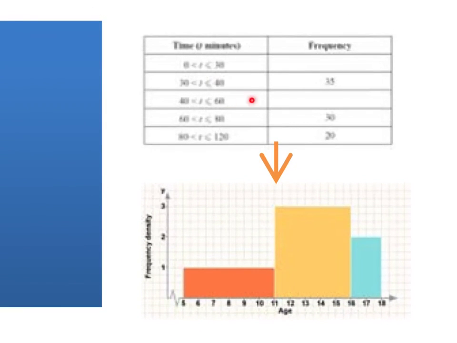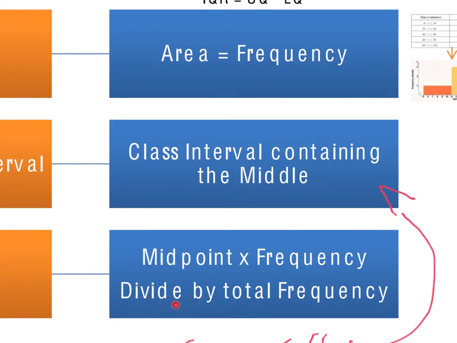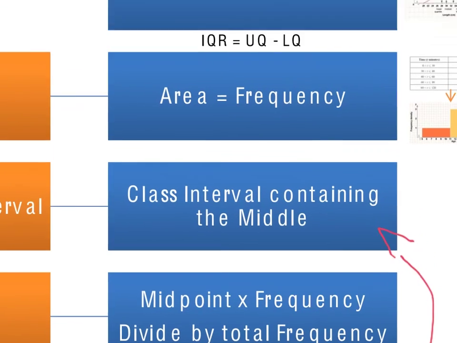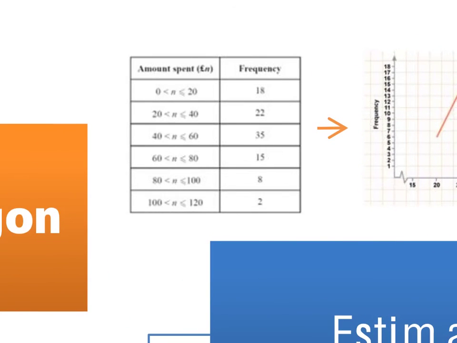So don't divide by 5, like in this table. That's a very common mistake. Instead, what you've got to divide by is the total frequency. So if we looked at the original table, this one here, don't divide by 6, divide by all of these added up together.